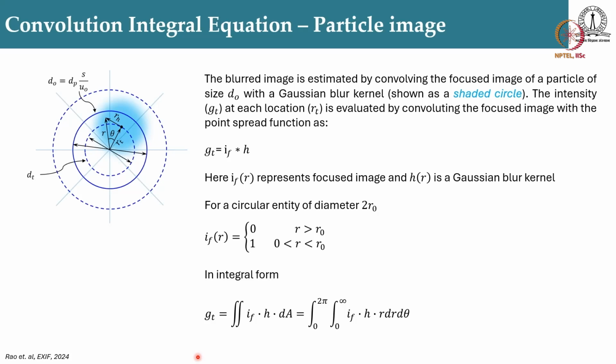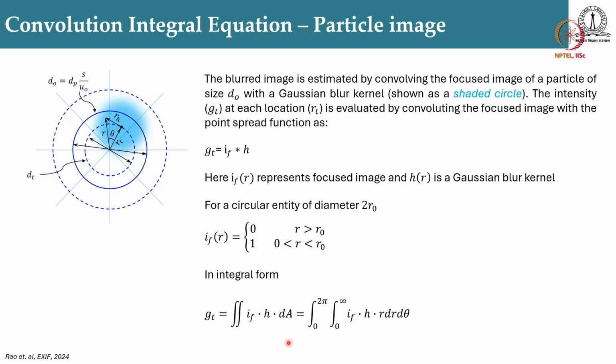So we will stick to continuous modes, and here you can see we can now define the intensity in the blurred image in the form of this double integral, where IF is your focused image, H is the weights assigned from the Gaussian blur kernel, and this is integrated over area, which is reminiscent of a blur circle, or in this case, the region associated with the Gaussian blur kernel is locally spread out. That's why we use an elemental area to integrate it.